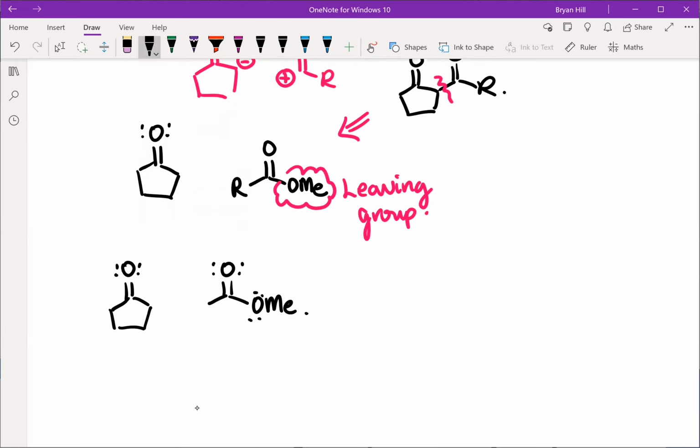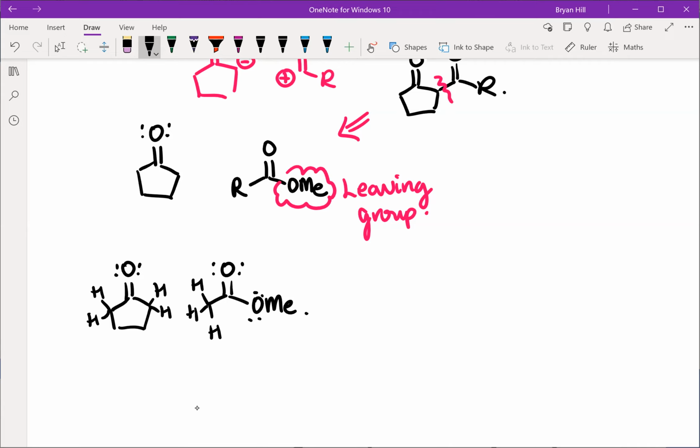If we were to throw in a base, there are 2 protons here, which would be the same as the 2 over here, so they're equivalent. But there are 3 alpha protons here, which could also technically be deprotonated.